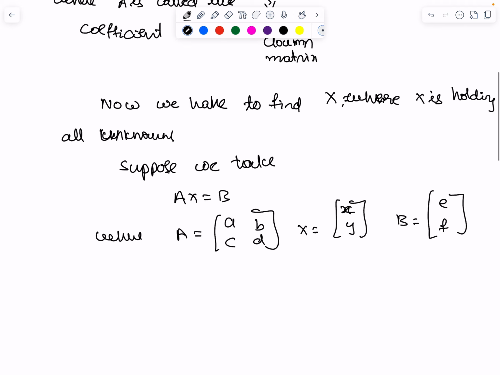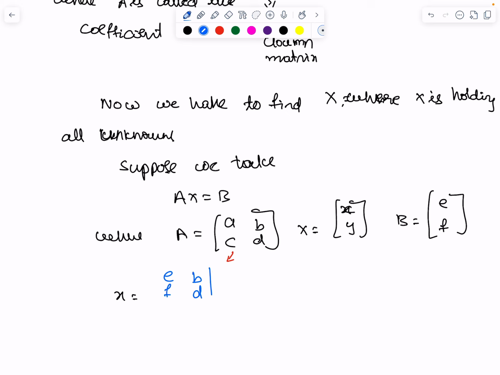Then to find small x, we are replacing the column of A by the entries of B. Therefore, we have here e, f, b, d.